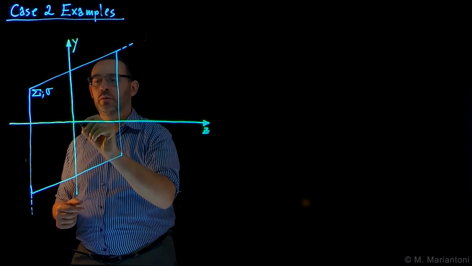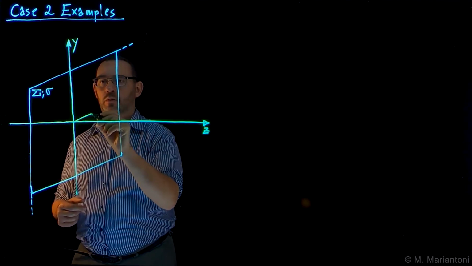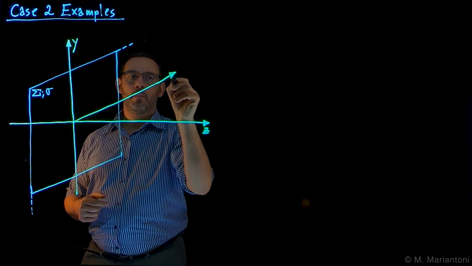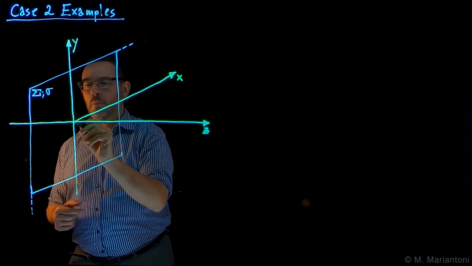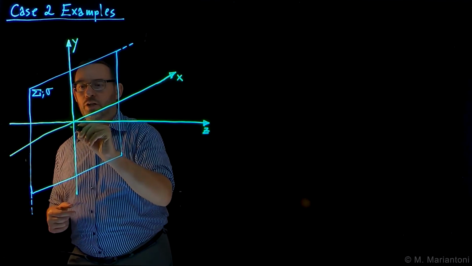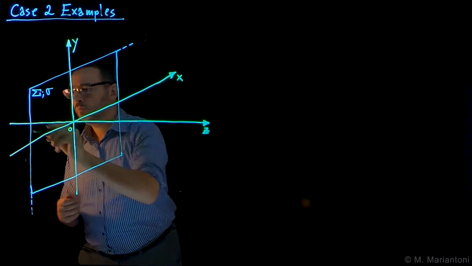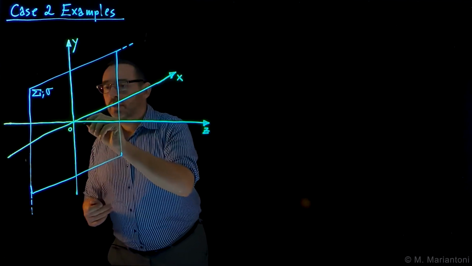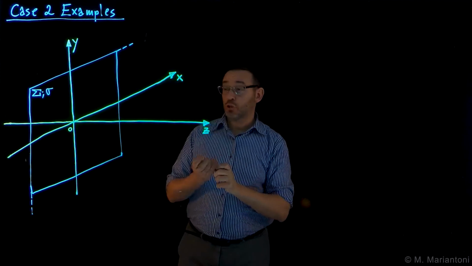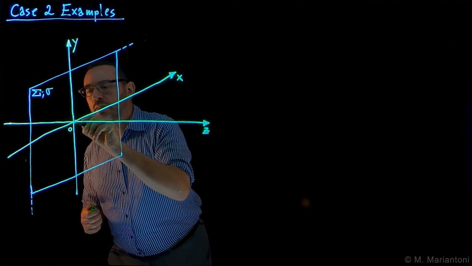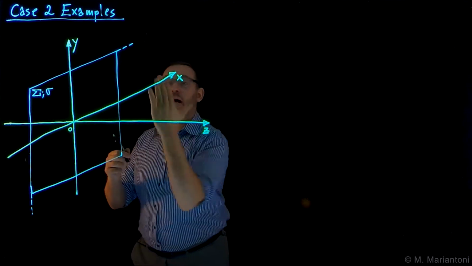X, Y, Z. And this is the origin right there. All right, great. So we chose one specific coordinate system, a Cartesian coordinate system of x, y, z.